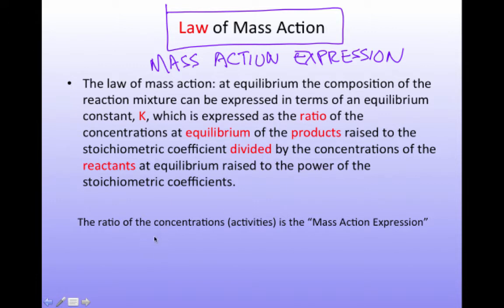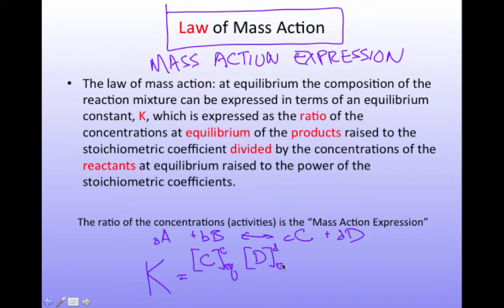So really, again, if I have my generic version, a moles of A plus b moles of B makes c moles of C plus d moles of D, really K is the concentration of C raised to the power c, this is the equilibrium concentration, concentration of D raised to the power d, this is the equilibrium concentration, over concentration of A, equilibrium, concentration of B raised to the power b, equilibrium.